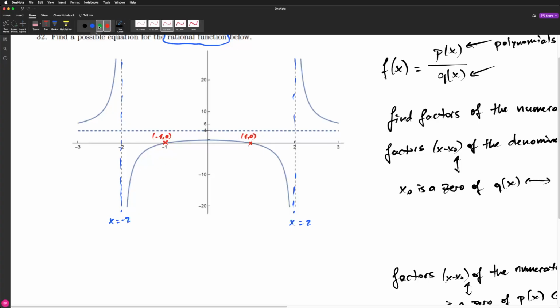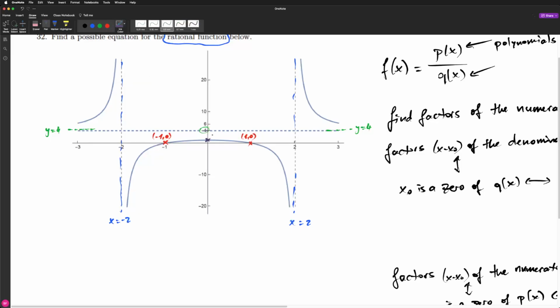And then there's one last piece of interest. There seems to be a horizontal asymptote as the end behavior, and it seems to be y equals 4 at both ends. So from the blue, red and green pieces of information, I will try to form my function. And maybe some scaling will be relevant, so maybe I'll add one more color.